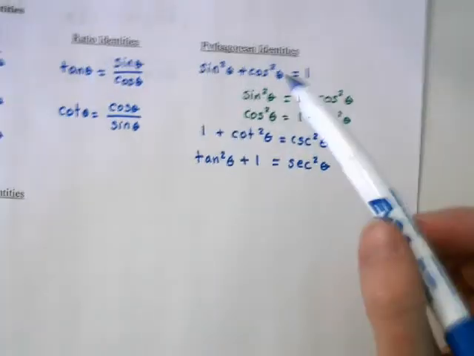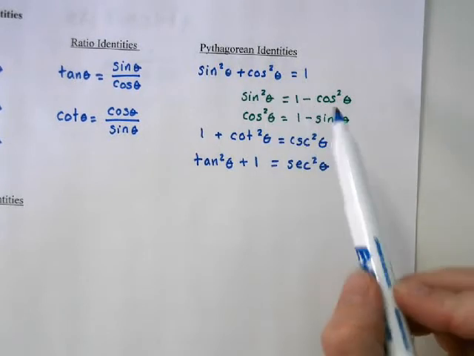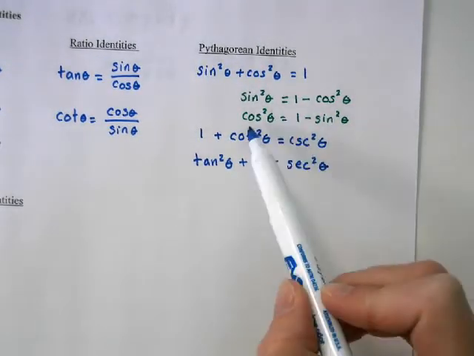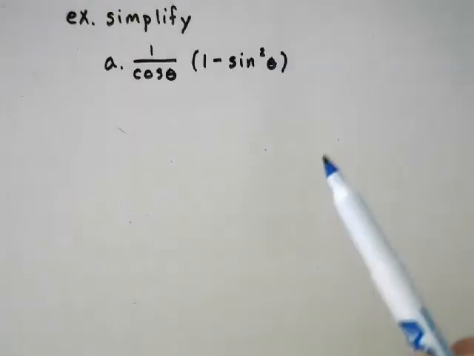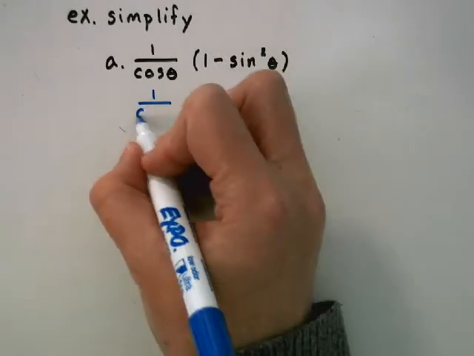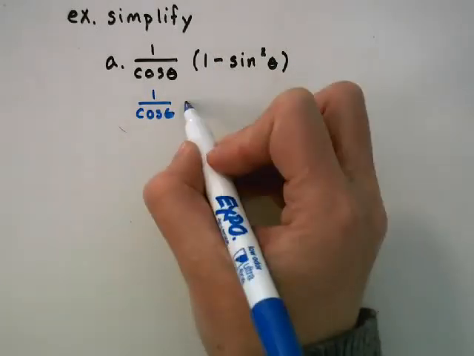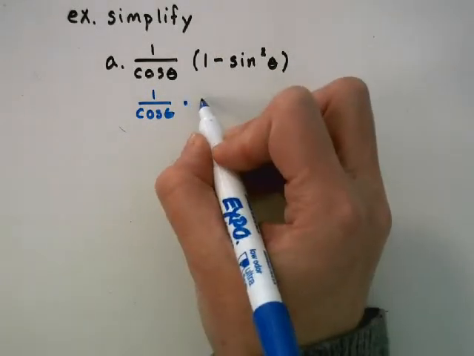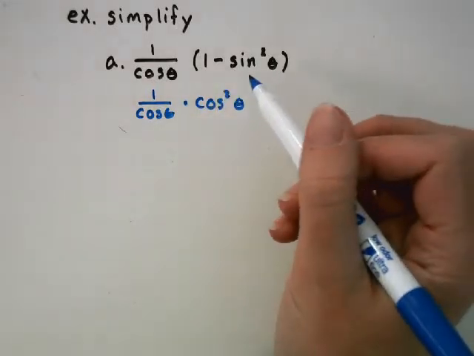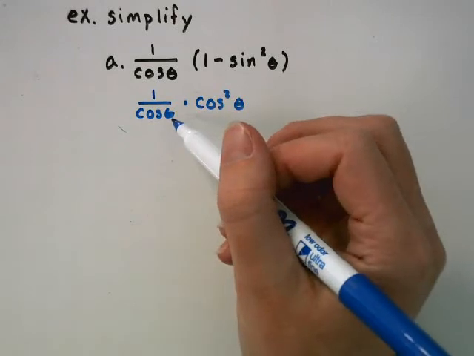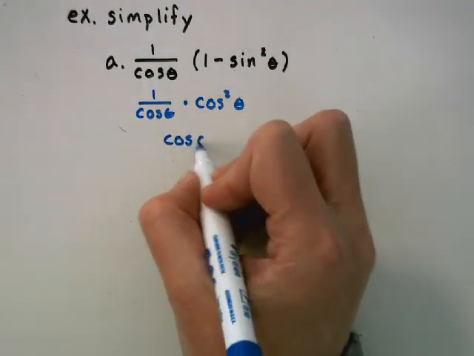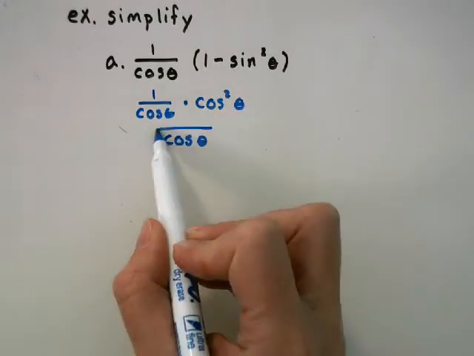Since cosine squared plus sine squared is equal to 1, then 1 minus sine squared is cosine squared. So in this case, I can replace this with cosine squared. So we'll copy this part down, and then we're going to multiply this by cosine squared. Well, if I have cosine squared times 1 over cosine, that's really just dividing. So this is just going to be cosine of theta.